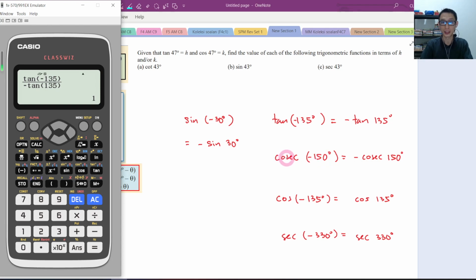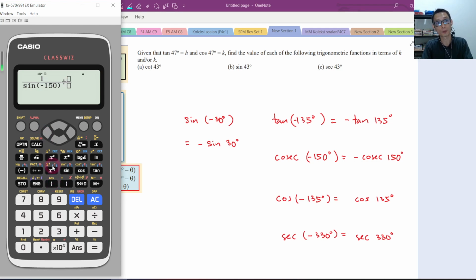This will be a little bit complicated because this is cosecant, 1 over sine. So I'm going to show you this way. 1 over sine negative 150 degree, divided by the negative sign in front of it. Let me put a parenthesis.